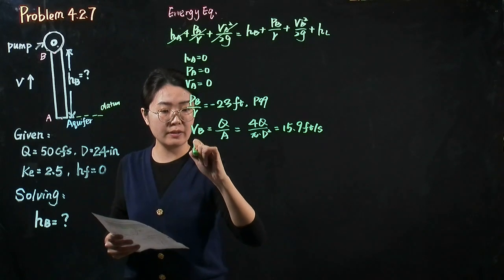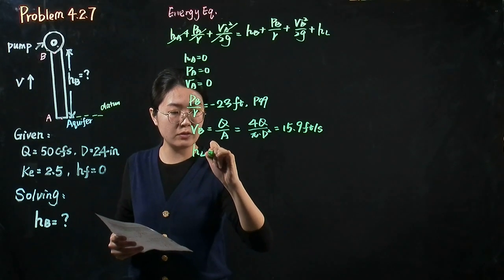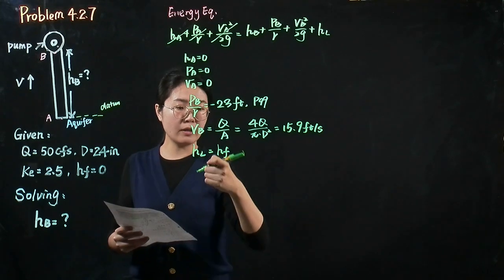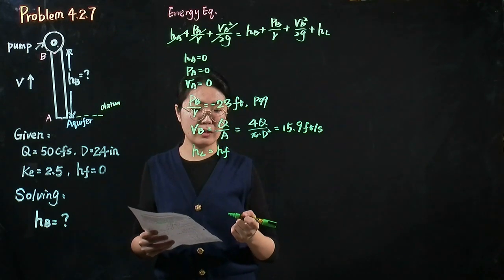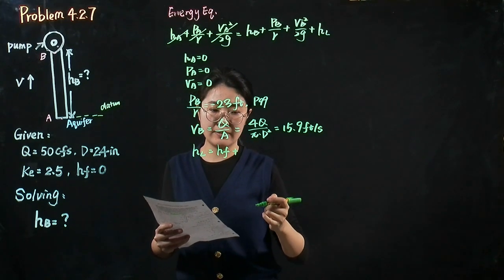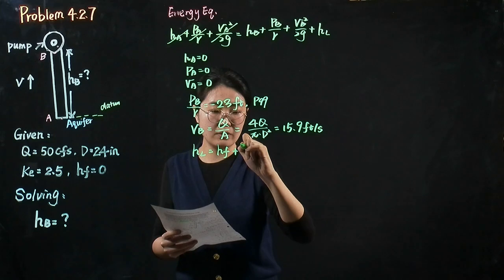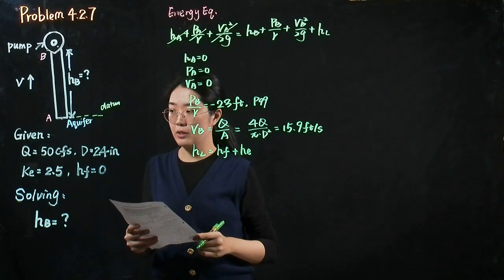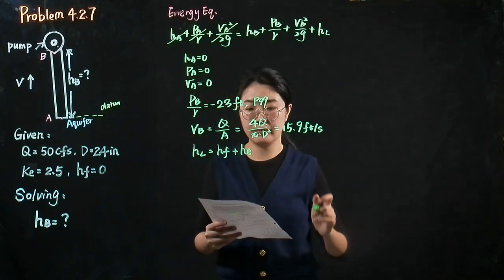The head loss equals the friction loss. We also call the friction loss the major loss, and we call other losses minor losses. So in this problem, the minor losses contain the loss caused by the entering screen.